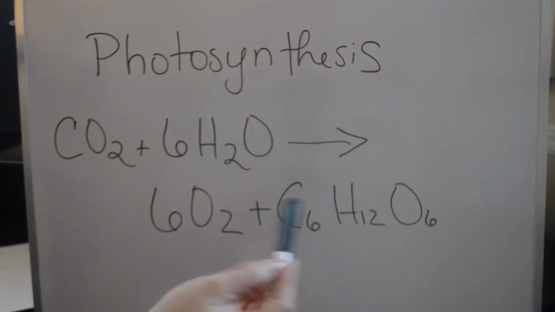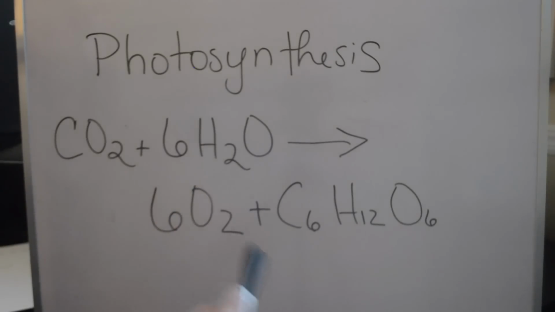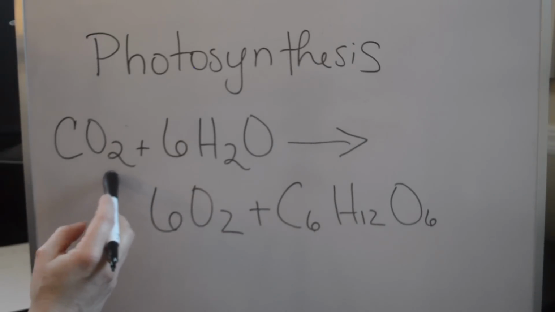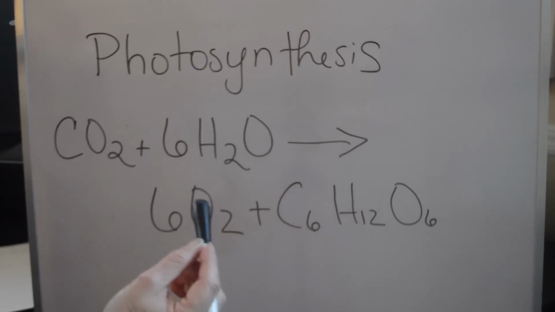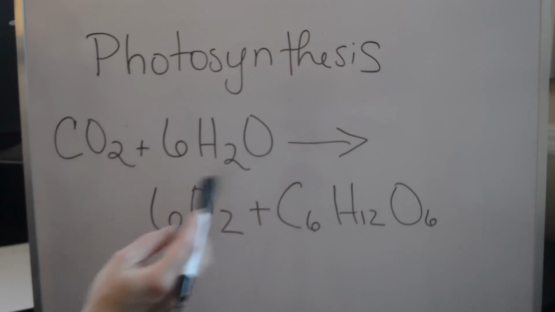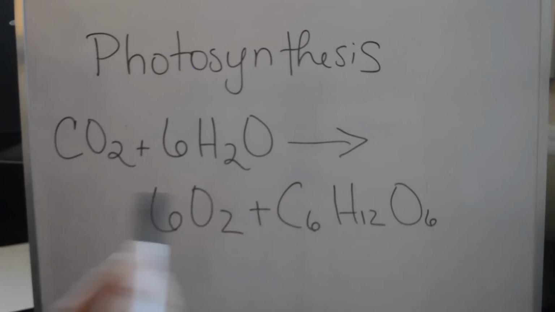So we know that photosynthesis is the process in which plants take in carbon dioxide to give out oxygen to its surroundings. And we know that glucose is the main product of the reaction. Okay, so that's our first one.